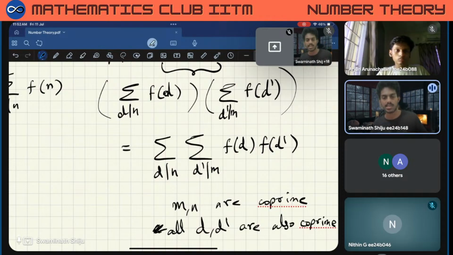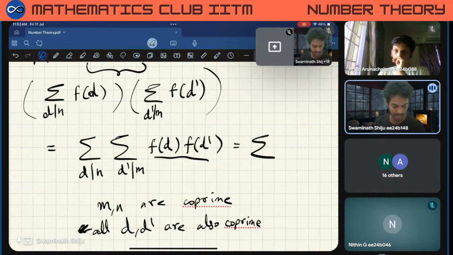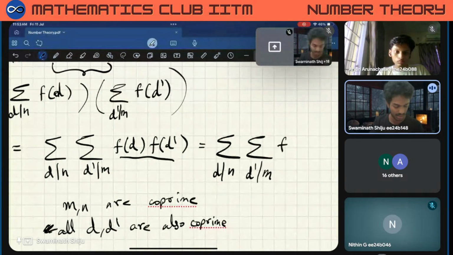That means they share some divisor. If they share some divisor, m and n also share the divisor. But they don't, so d and d dash have to be coprime, because they divide n and m respectively. So these two are coprime and we are multiplying them together. You can simply write this as the sum over d dividing n, d dash dividing m, of f of d d dash.